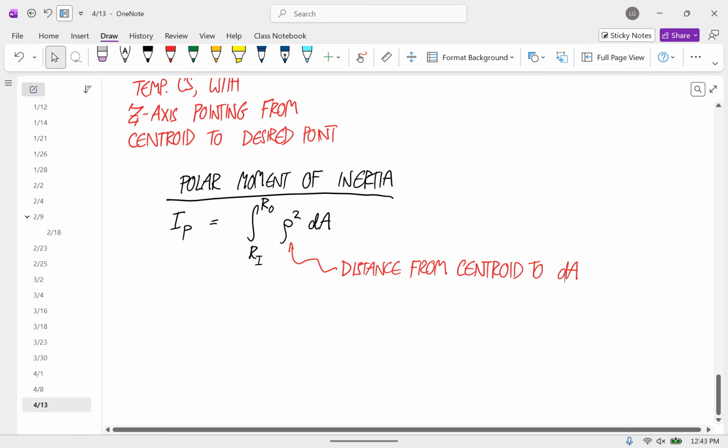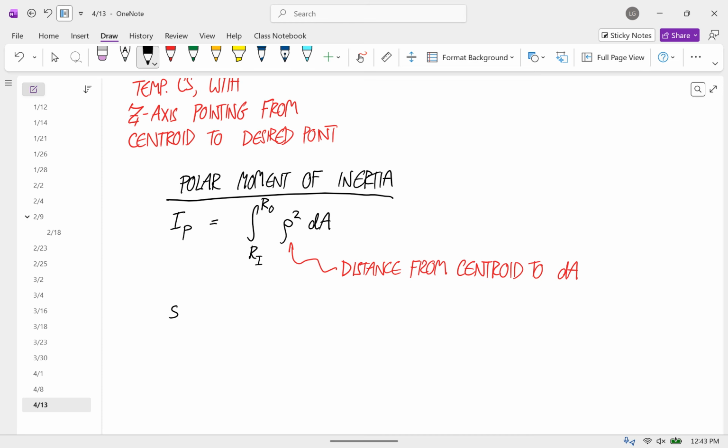What you need to know is if you have a solid circular cross section, then I sub p, the polar moment of inertia, is pi r squared over 2.